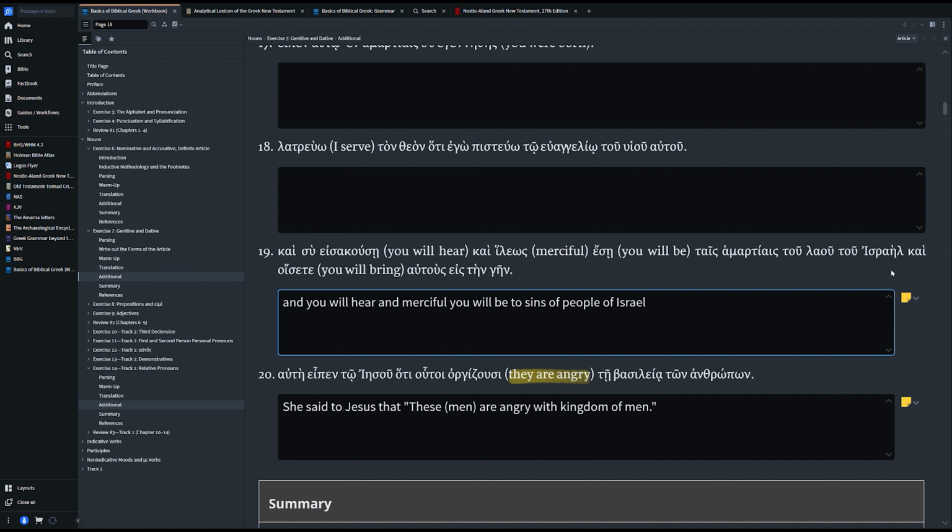The next word is que, and that is a conjunction, which just translates as and. And then you have isete, which means you will bring. All right. Avtus comes from avtos. Remember, it could be any gender. And so we're going to look at the entire chart from an omicron epsilon sigma ending.